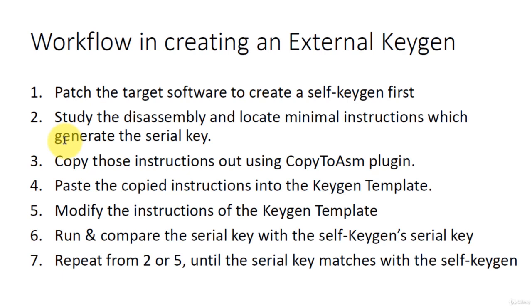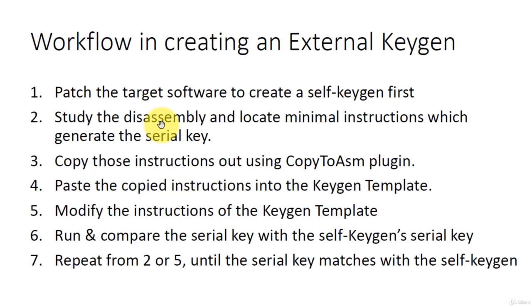Step 2. Study the disassembly and locate minimal instructions which generate the serial key. The disassembly here is referring to the x64dbg debugger, which is used to debug the software that you are targeting.